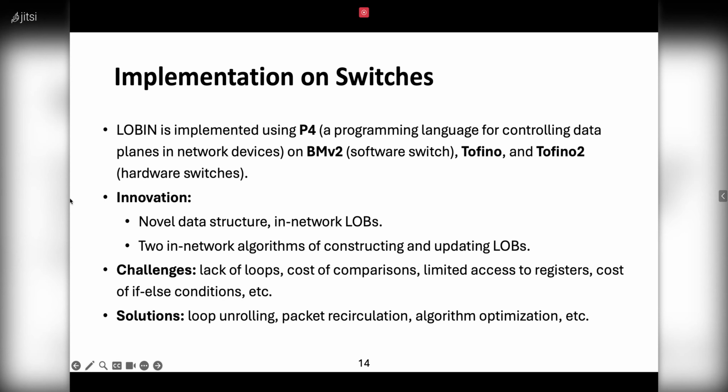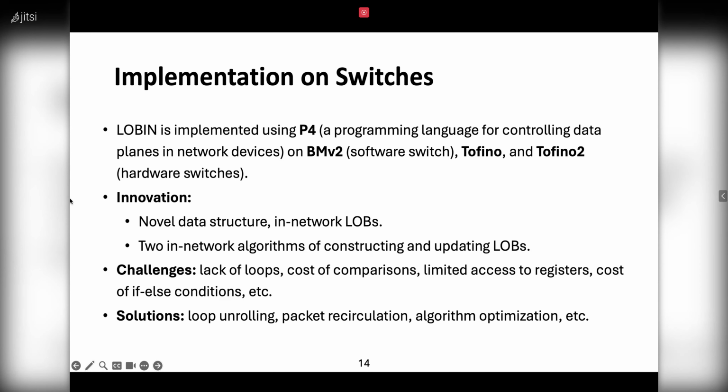So we utilize the mechanism of packet recirculation. We use one pass just for reading and updating, and then we recirculate back to the device and go through the pipeline again just for writing the updated values back to the registers. So here we can overcome the challenge of limited access to registers.